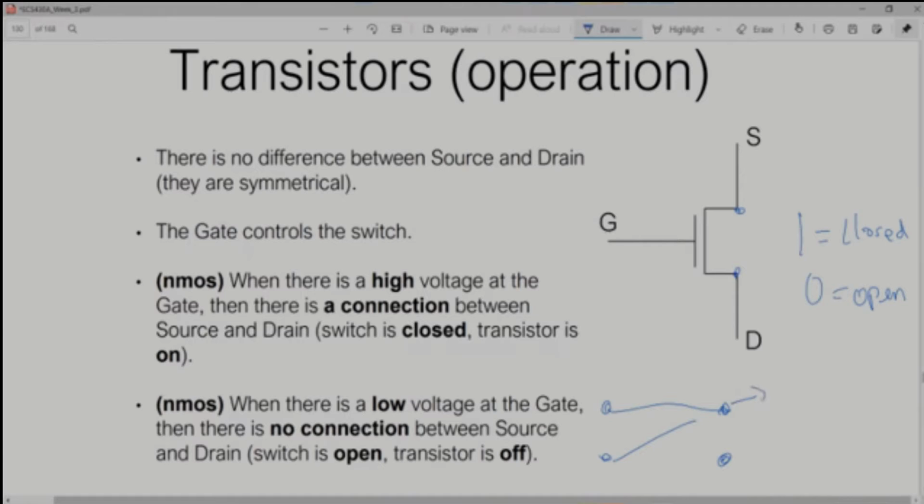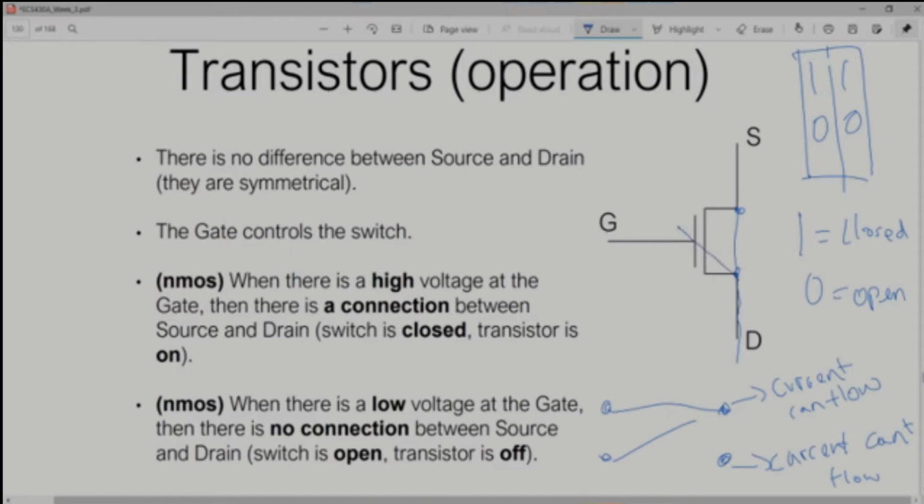So in a closed switch, current can flow. In an open switch, current cannot flow. And if we draw a truth table, 1 will correspond to 1 and 0 will correspond to 0. So current can go through if the switch is closed, cannot go through if the switch is open. Does that make sense, Nadia?